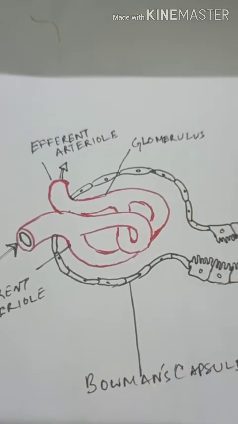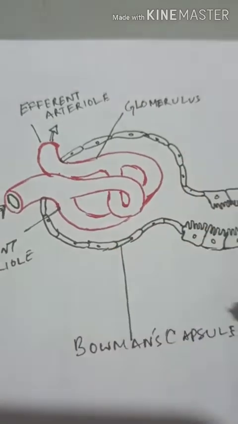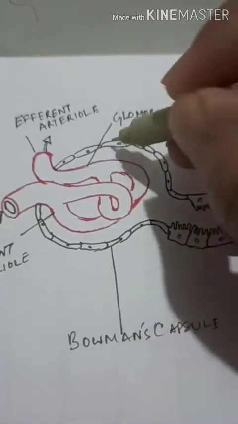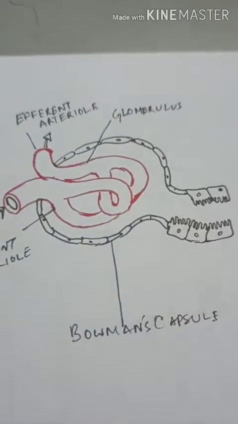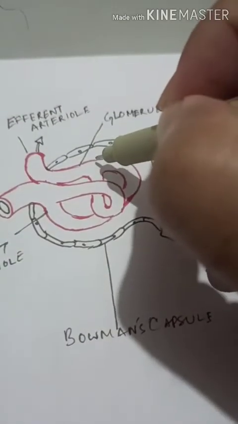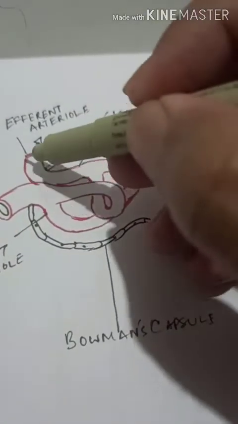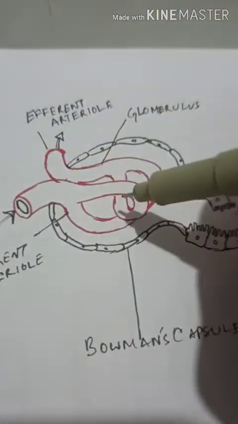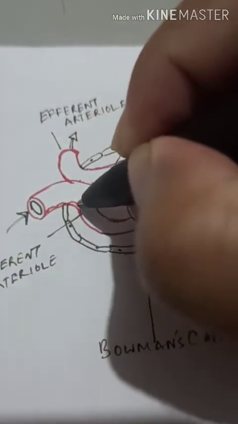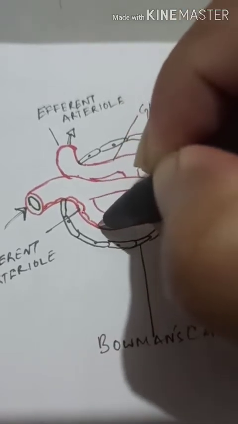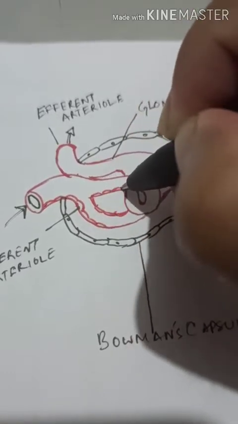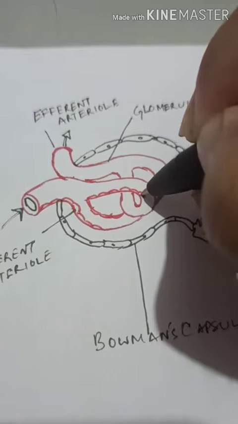Now it is right here that the Bowman's capsule has its inner layer. The outer layer is epithelium here, and the inner layer is of a slightly different shape. I don't know if you remember that capillaries are made up of only a single layer of epithelium, as we studied in the previous chapter. This single-layer epithelium can easily let every material get exchanged through it.